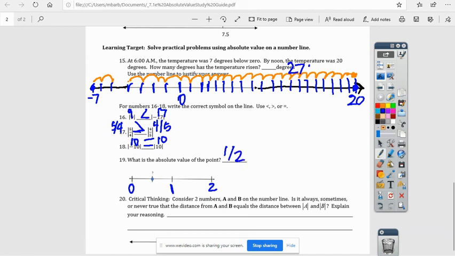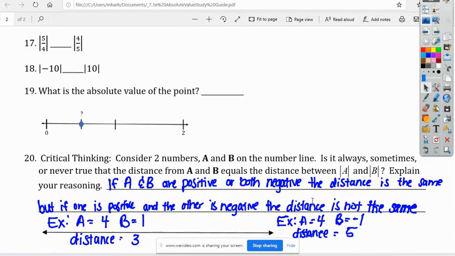Alrighty. And number 20. Numbers A and B on the number line. Is it always, sometimes, or never true that the distance from A and B equals the distance between absolute value of A and absolute value of B? And explain your reasoning. So I put, if A and B are both positive or both negative, the distance is the same. But if one number is positive and the other number is negative, then the distance is not the same.